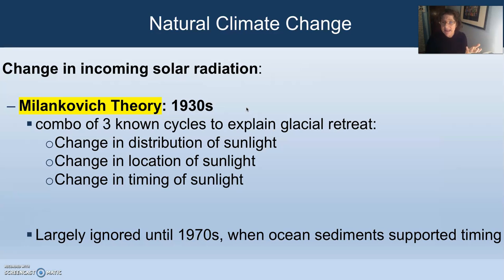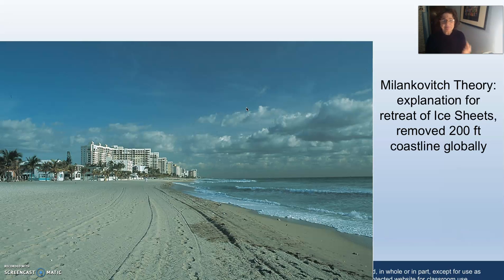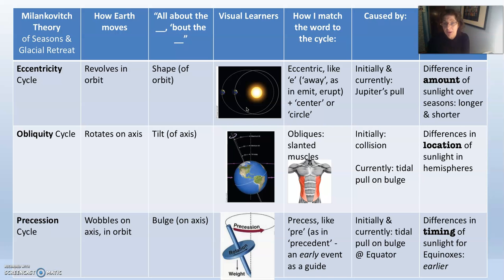The theory that Milankovitch was trying to explain was the retreating of the ice sheets. He noted that when those ice sheets retreated and melted off, they flooded the oceans so that the entire world lost approximately 200 feet of coastline, which is a lot of land to lose when those sheets melted.